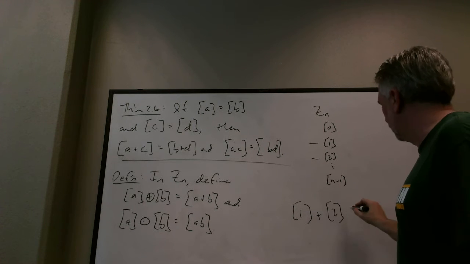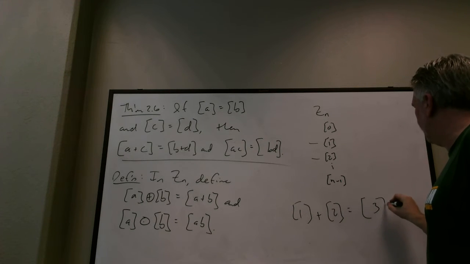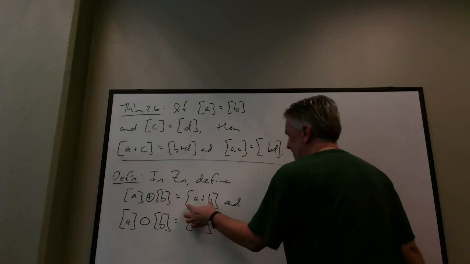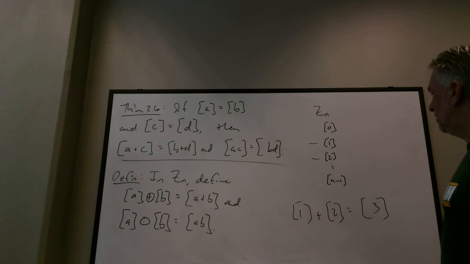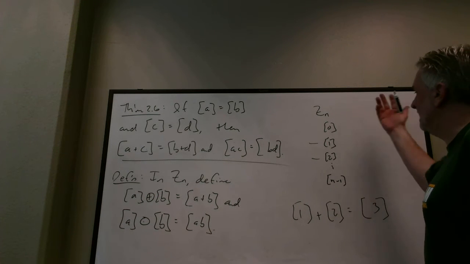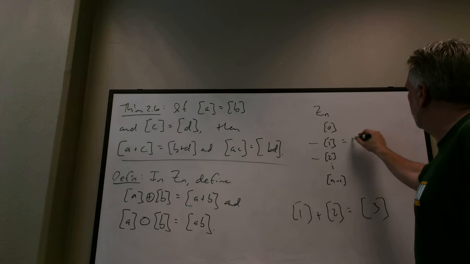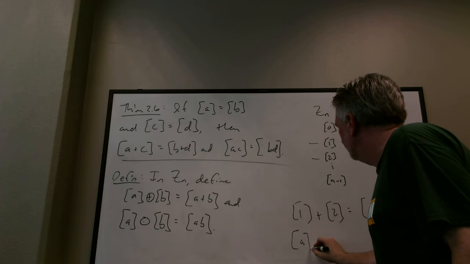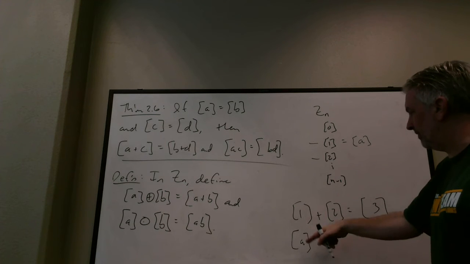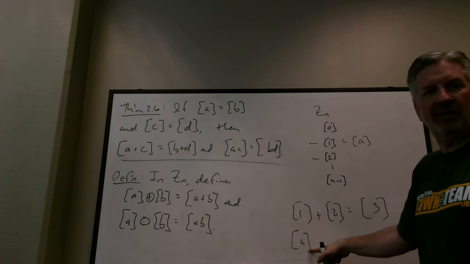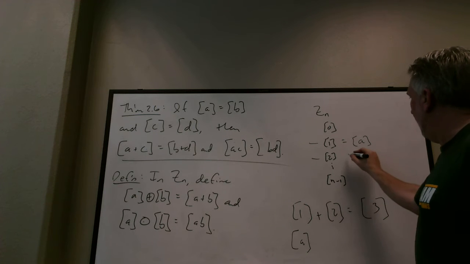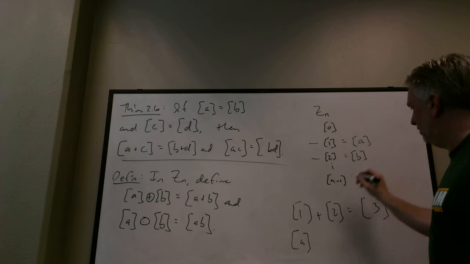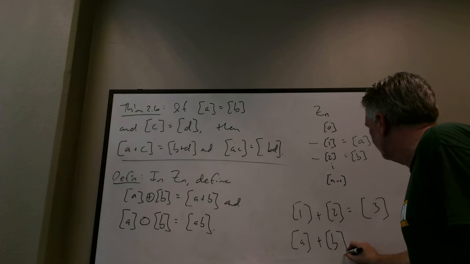Well, if I use this rule right here, I'm going to get the class with 3, right? You just add them together, 1 plus 2. Okay. But suppose, on the other hand, now it depends on what Zn is. So suppose you were using A instead of 1 here. So suppose that the class with A and the class with 1 are the same thing, and instead of using 1, you wanted to use A. You can use any representative you want. And in the class with 2, that's the class with B. So you use B.